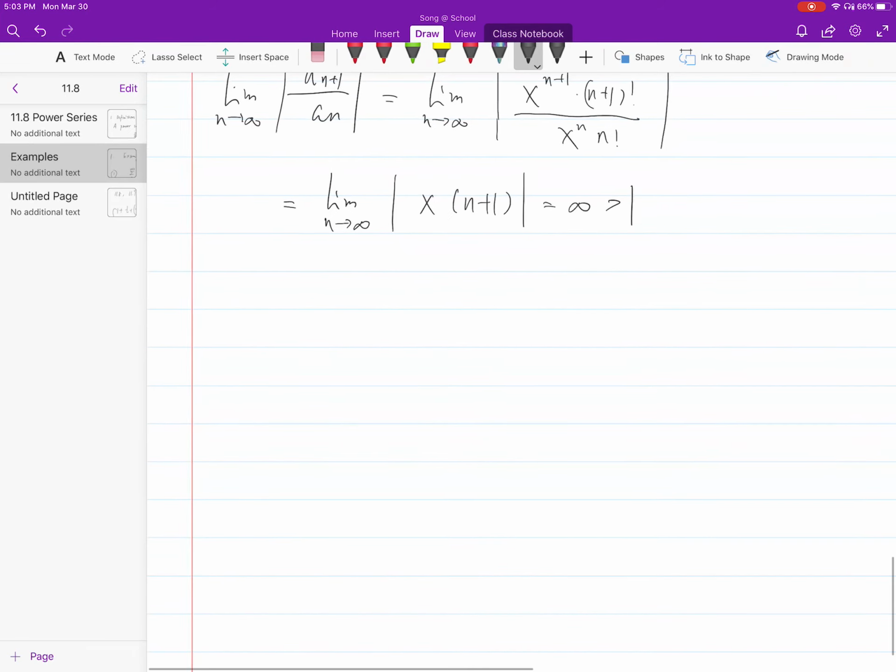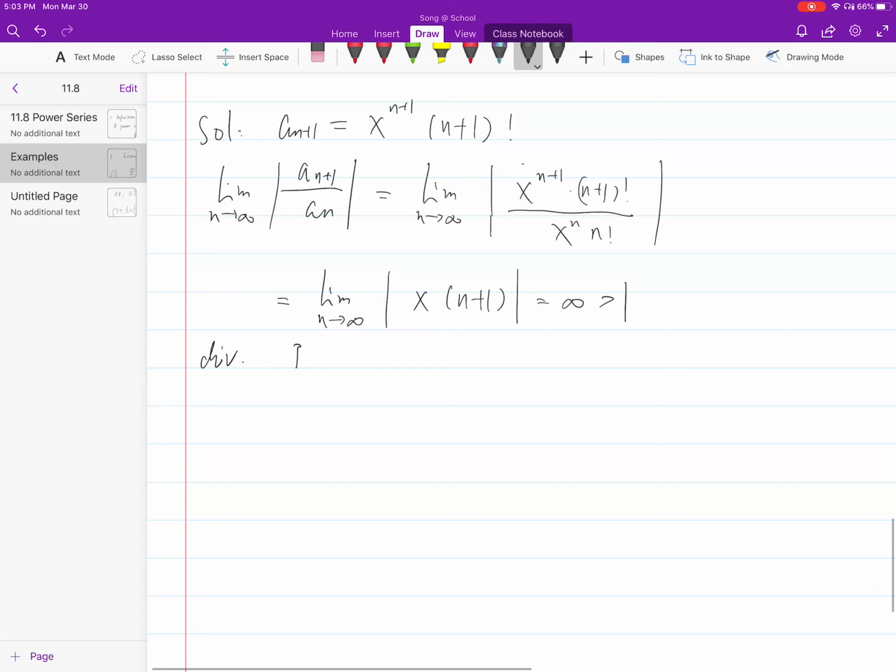This one tells you it's divergent, no matter what x you plug in. Think about it. Whatever x you plug in, it doesn't matter. It's always infinity. It's always bigger than 1 if you run the ratio test. So it's always divergent regardless of what x you plug in. Then your interval of convergence should be nothing.